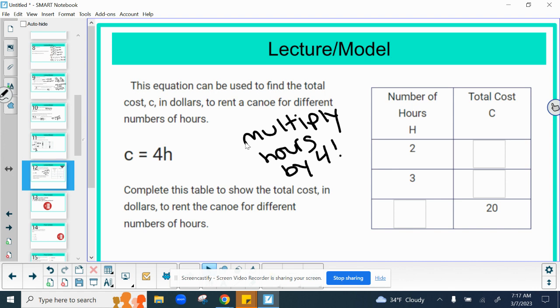Okay, so 2 times 4 would give us 8. 3 times 4 would give us 12. And now we need to think about what number times 4 would give us 20. And that would be 5. Or you could work backwards and say 20 divided by 4 would give us 5.